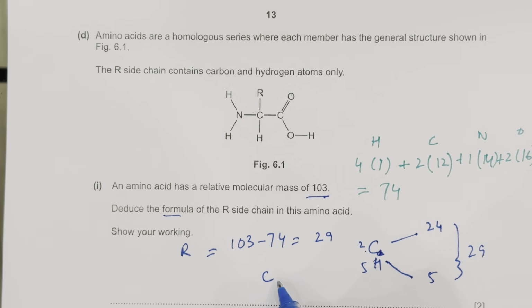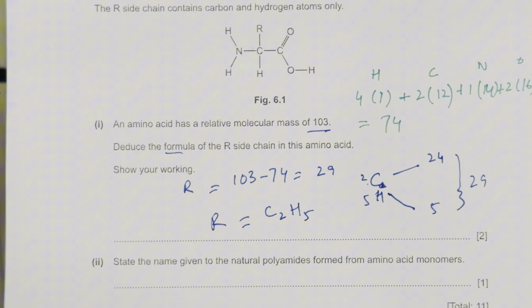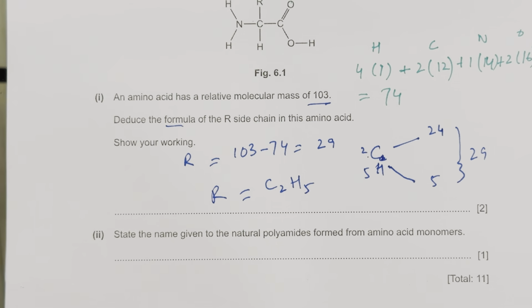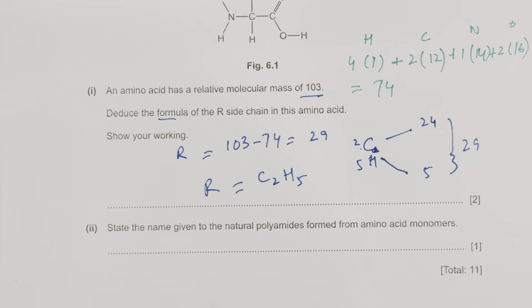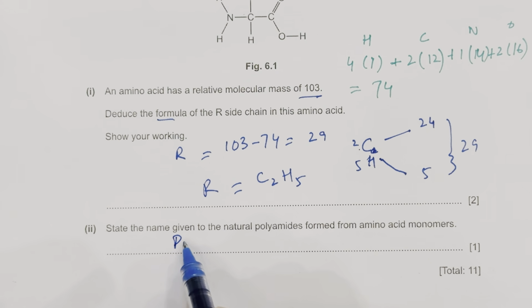So the formula would be C2H5 for R. Moving to the last part, state the name given to the natural polymers formed from amino acid monomers. They are called proteins.